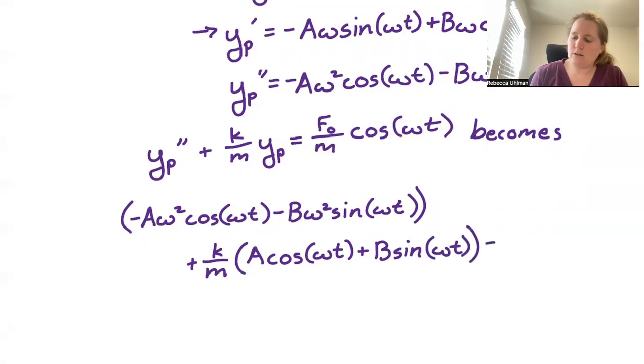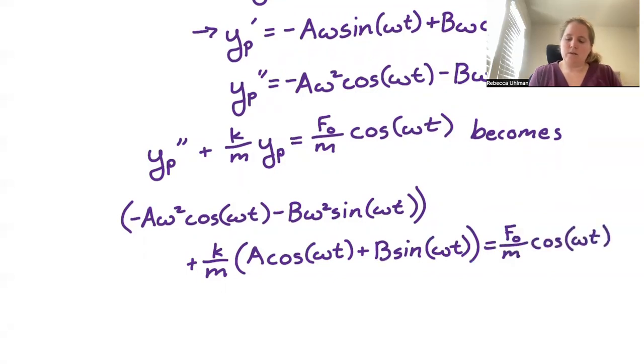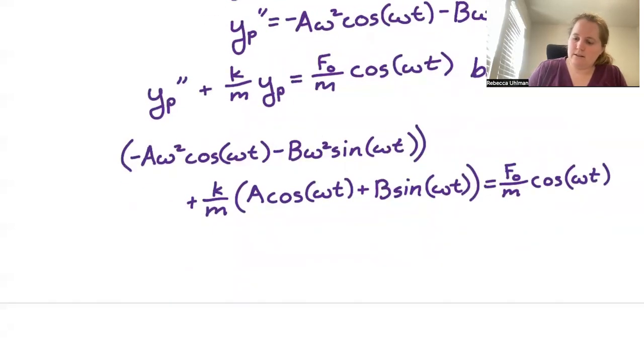And this should all equal F naught over m times cosine of omega t. That right-hand side also has a plus 0 sine omega t.